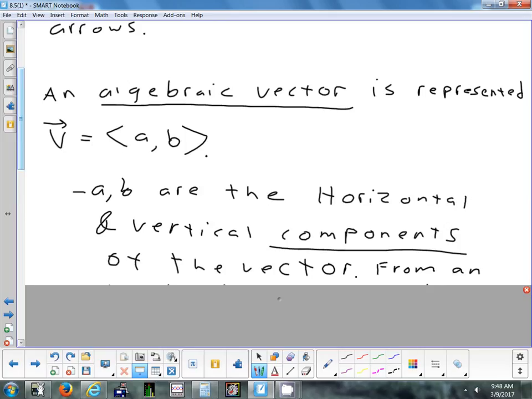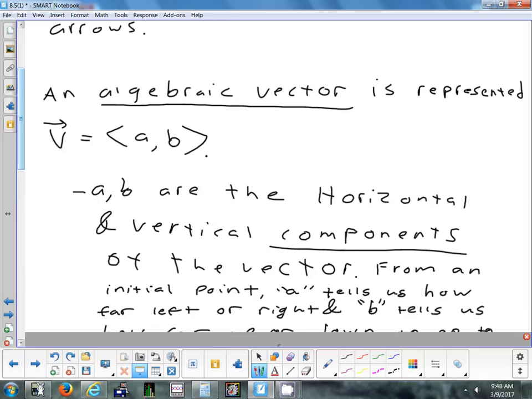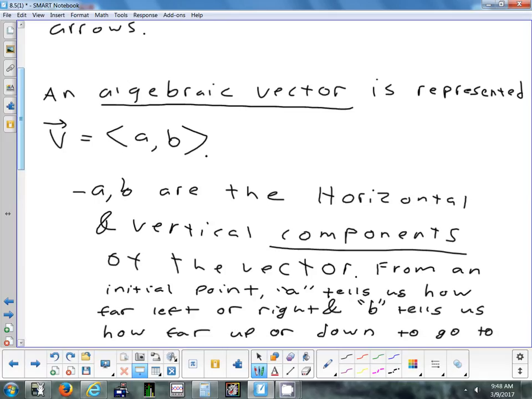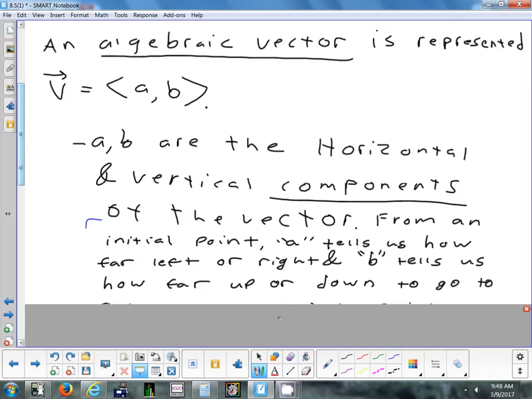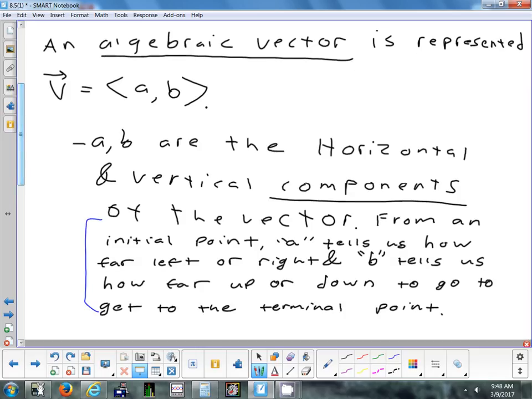A is what we call the horizontal component. Think of it as like your left and right, your x. And B is the vertical component. Okay, so I'm not sure if you need to write the stuff that's from here down, if you understand what I just said.